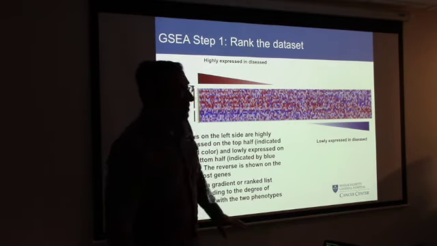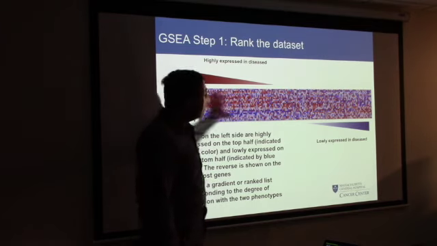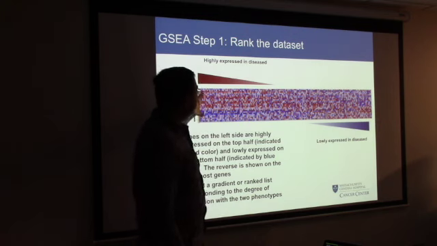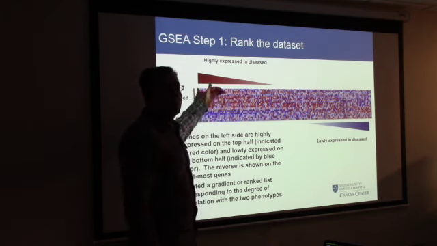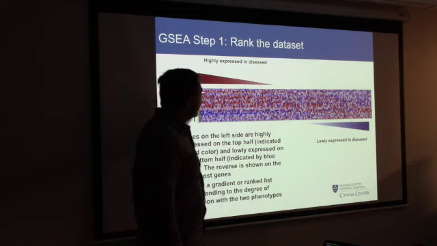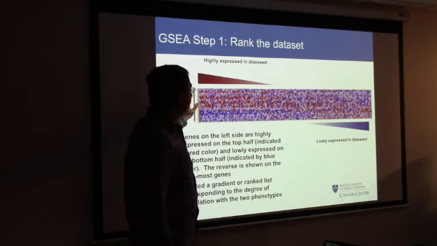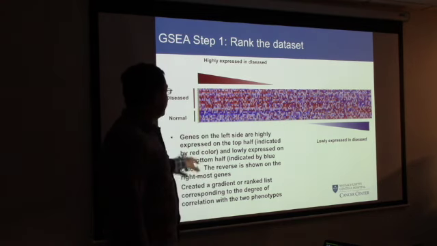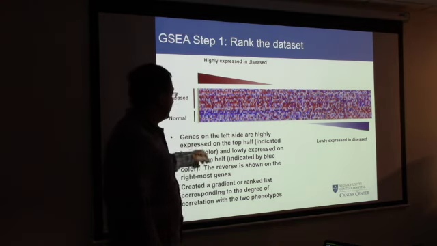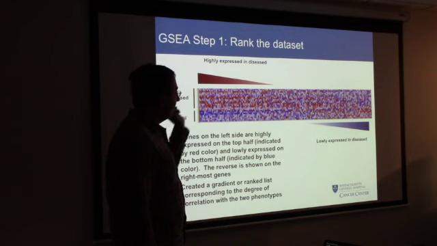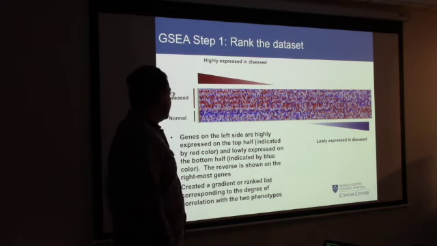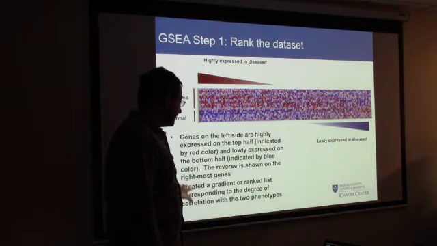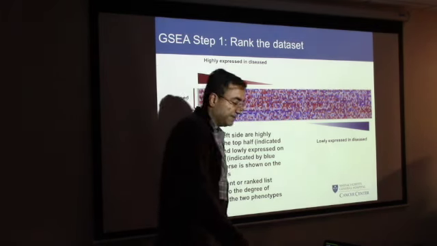So the first thing to take into account is that you always want to order your genes. And by that I mean, once your comparison is done, you want to order your genes in the order of your differential expression comparison, no matter what you use. Then the genes on the left side are highly expressed in the top half. The genes on the right hand side are highly expressed in the bottom, or lowly expressed in the top half. What's created is a gradient of ranks between the two phenotypes.